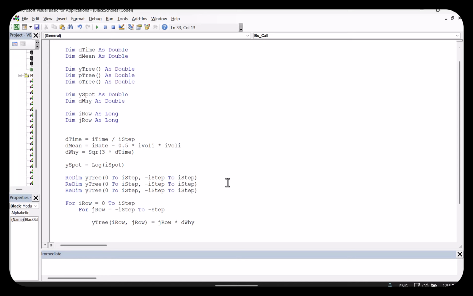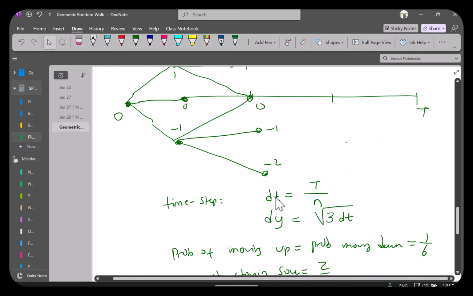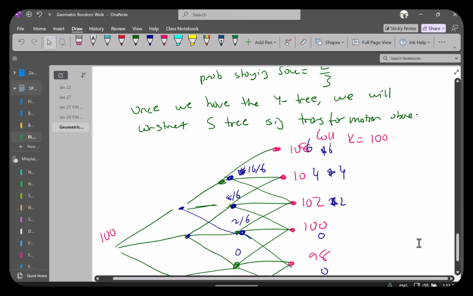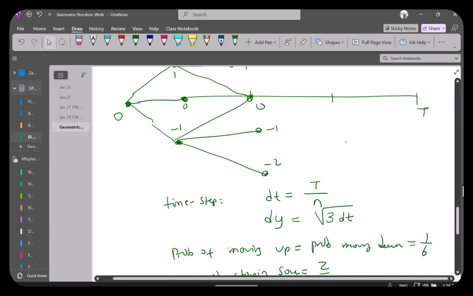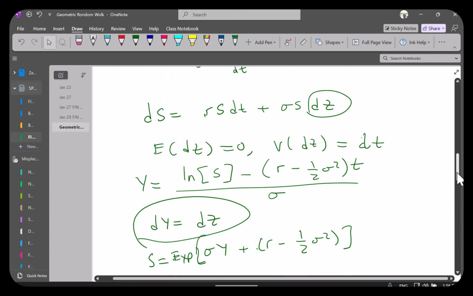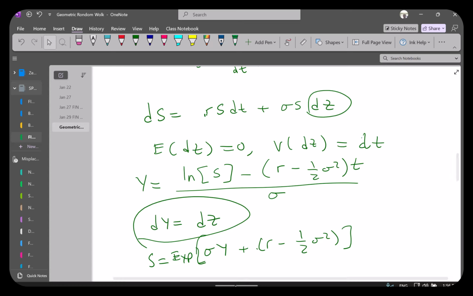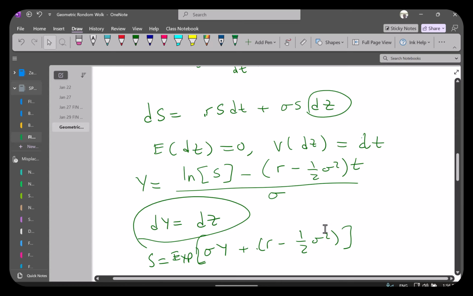And I can immediately calculate my P3 here, x, which is e to the number. Okay, let's find that transformation. Sigma times y plus that constant times t.